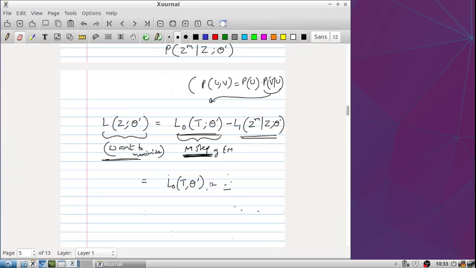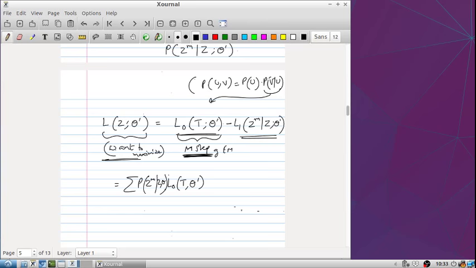All this notation is not useful, so let me just do a sum of p of Zm given Z comma theta. That's what I'm saying: I'm going to take an expectation. This is a function of a random variable, so I can take some expectation with respect to it.